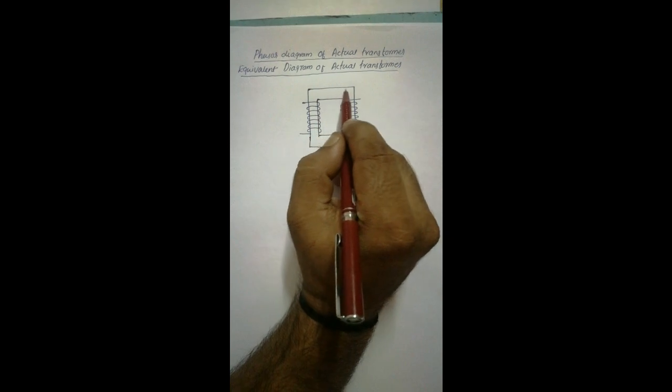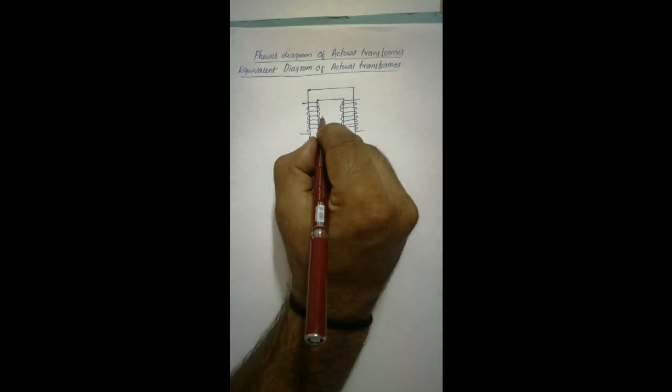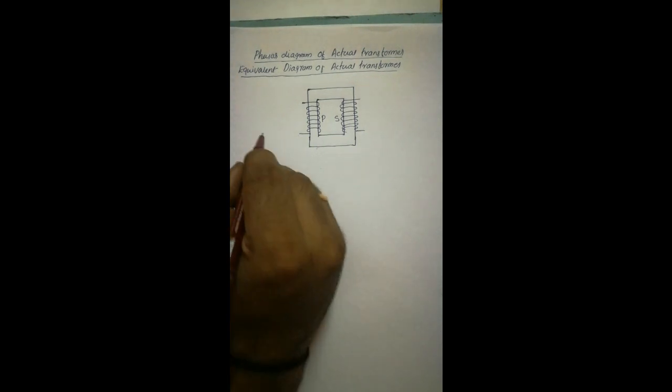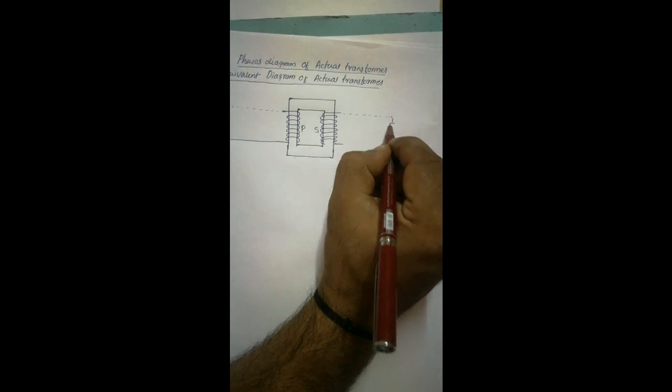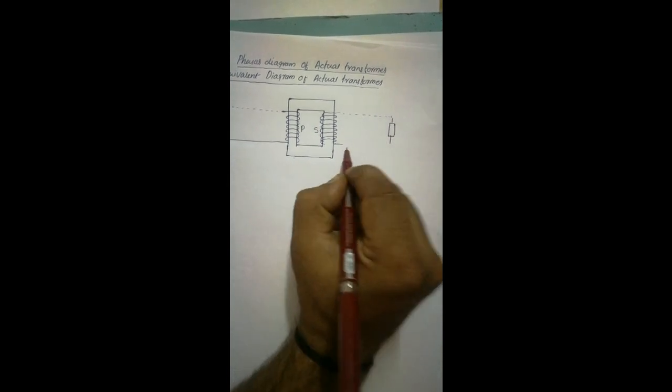Let us consider this is a transformer. There is a primary winding and a secondary winding. We are going to connect the primary winding to the voltage source V1, and the secondary winding is connected to the load.